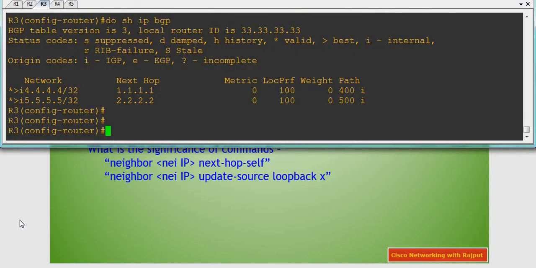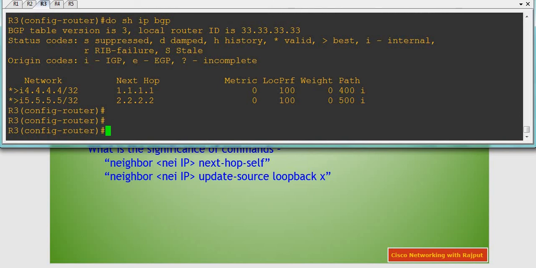Okay, so the next query was the significance of the command neighbor IP address update-source loopback. By default, it's BGP's behavior that it will take the physical interface as the source and it will try to negotiate and establish a BGP session with the other end. But whenever we are trying to have iBGP peering on loopback interfaces, then we must specifically mention that we want loopback interfaces to be the source of the BGP session.